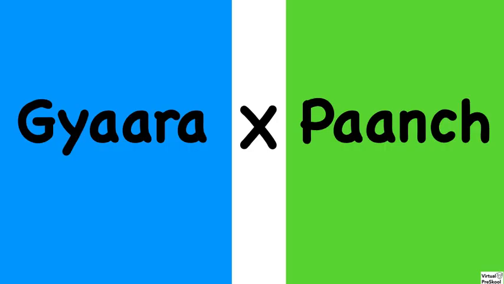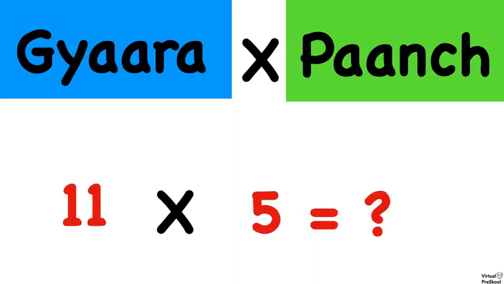Another one. 11 times 5. So translate those two words into English. What numbers are those in English? All right, 11 times 5 is 11 times 5. 11 is 11, 5 is 5.